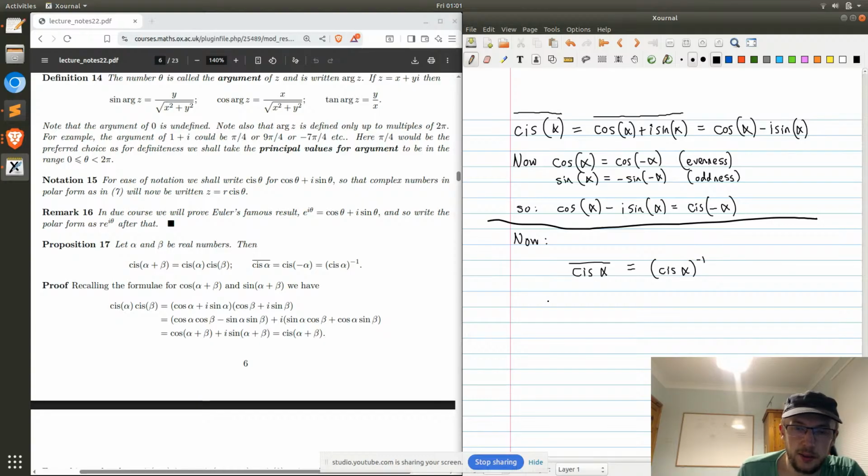Okay, so we're going to go from right to left. Times the top and the bottom by the conjugate.